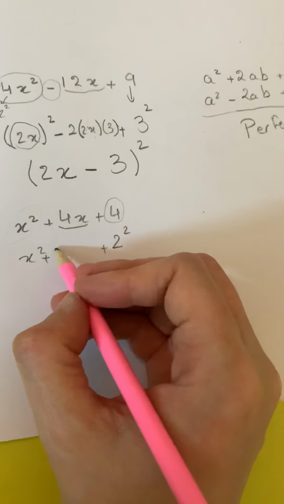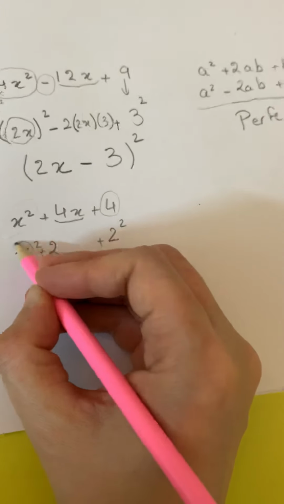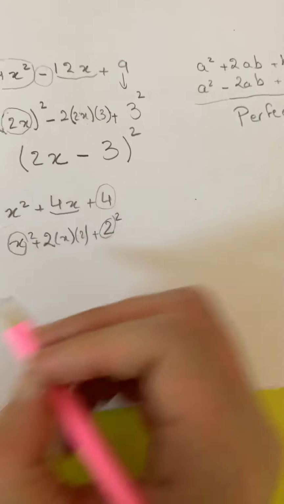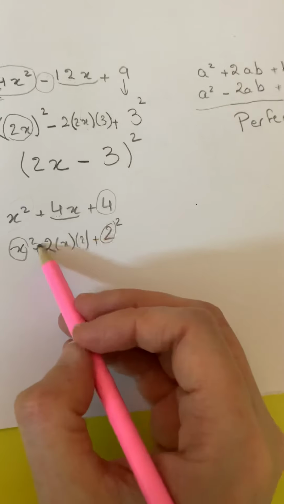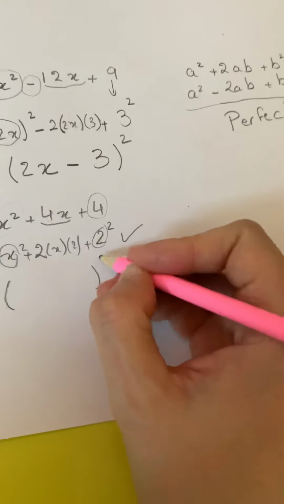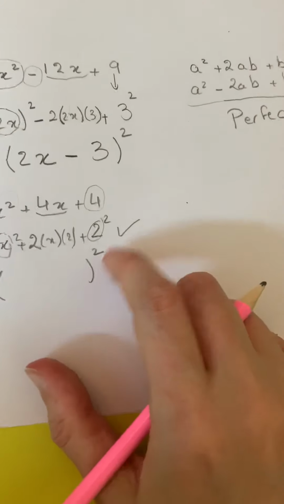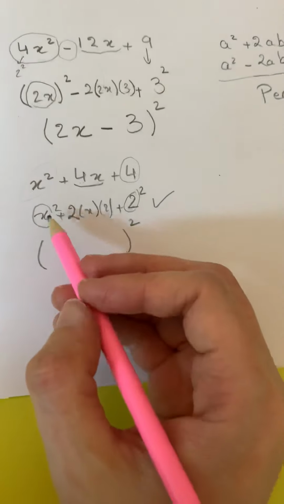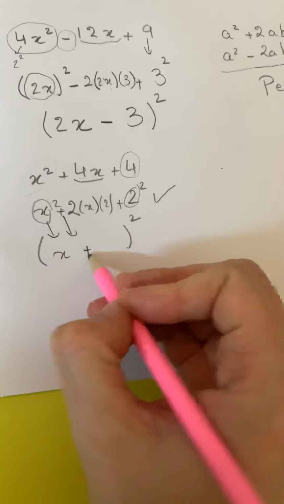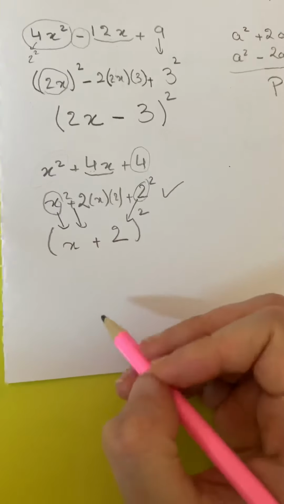This one, can I put it as 2 times the first times the last? Is 4 2 times 2? It is. So this is a perfect square. You open a parenthesis, you put a power 2 outside, and you write the first plus the second. And this is it.